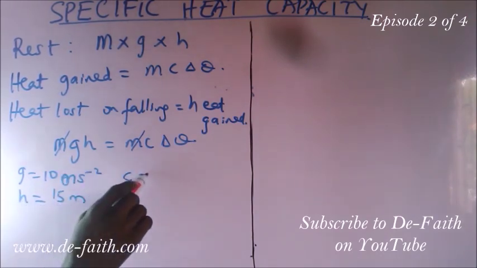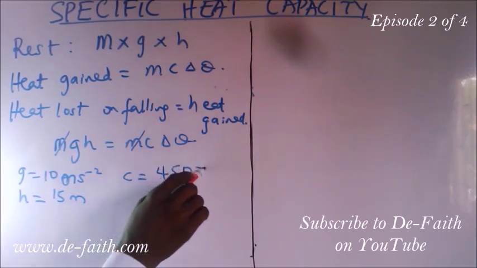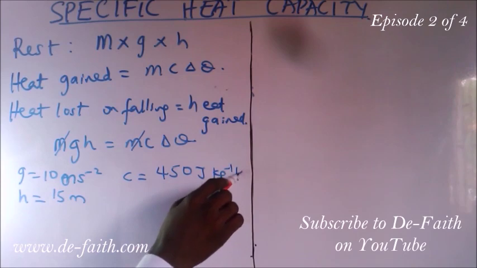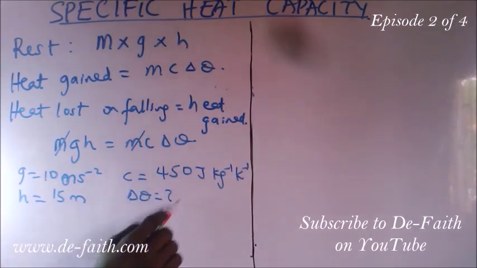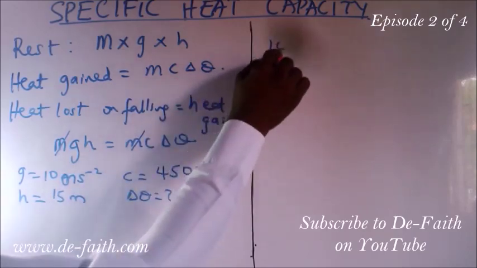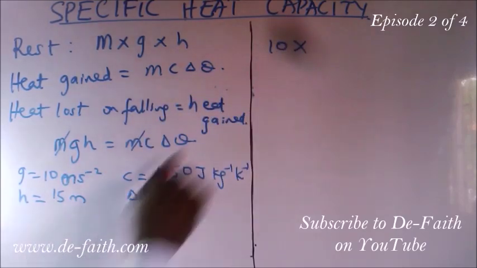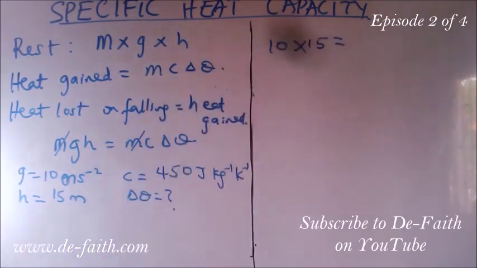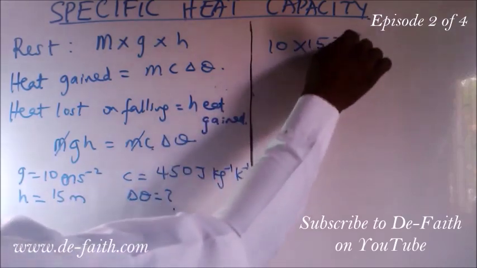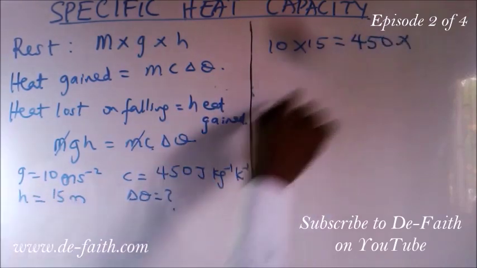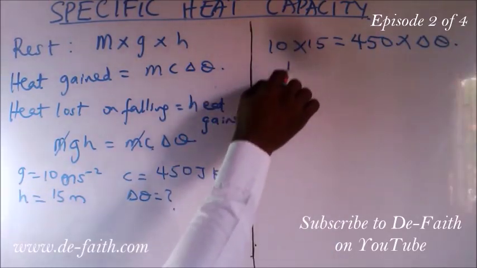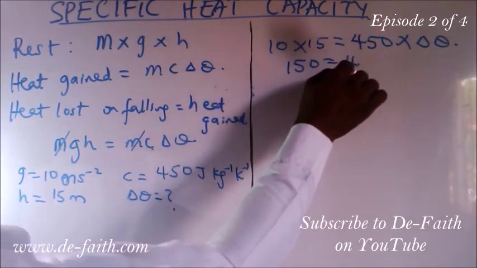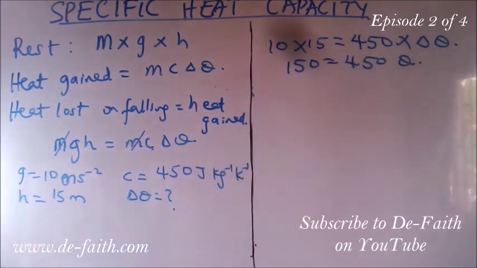We are given the specific heat capacity to be 450 joules per kilogram per Kelvin, and we are looking for the change in temperature. So we have g, which is 10, multiplied by h, which is 15, equal to c, the specific heat capacity, 450, multiplied by the change in temperature, which is what we are looking for. So 10 times 15 gives us 150, equal to 450 change in temperature.